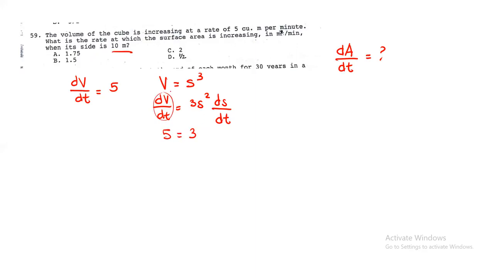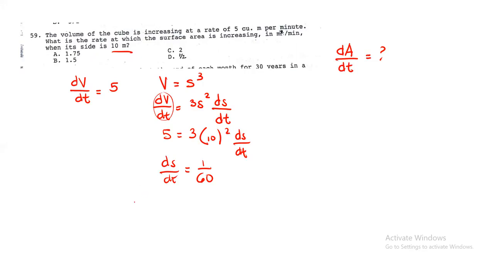Side natin is 10 meters. So, 5 equals 3 times 10 squared ds over dt. Makuha natin dito yung ds over dt, which is 5 over 300, or 1 over 60.